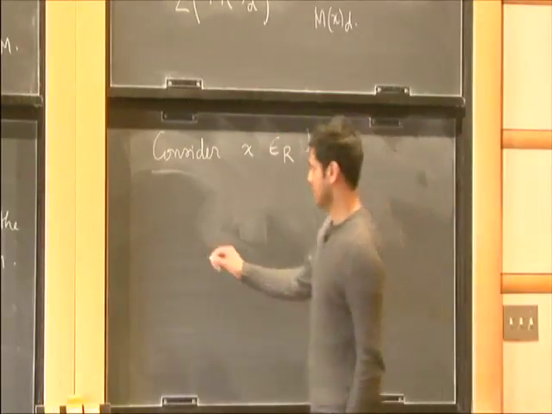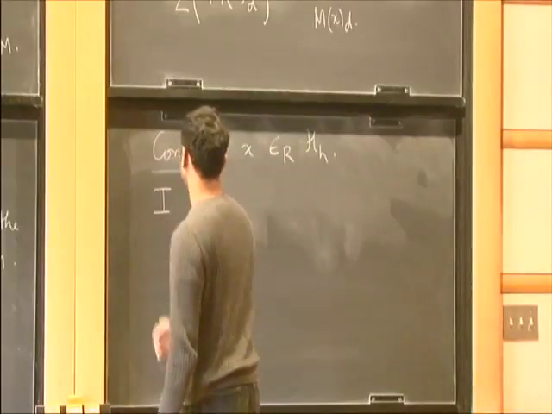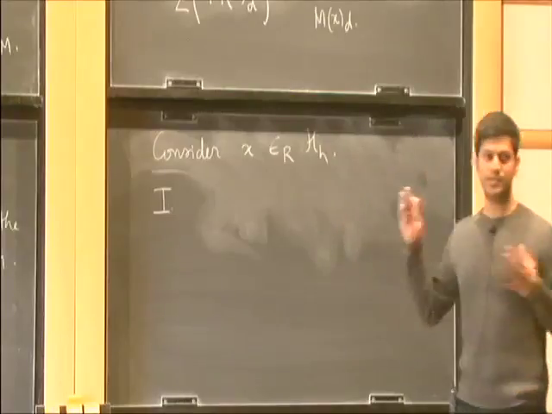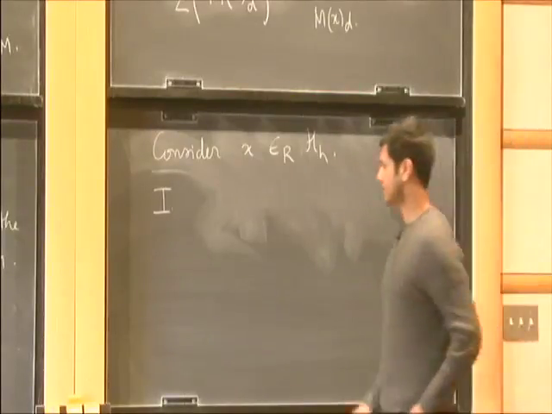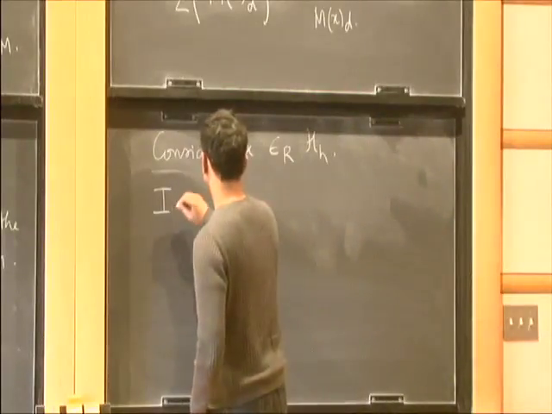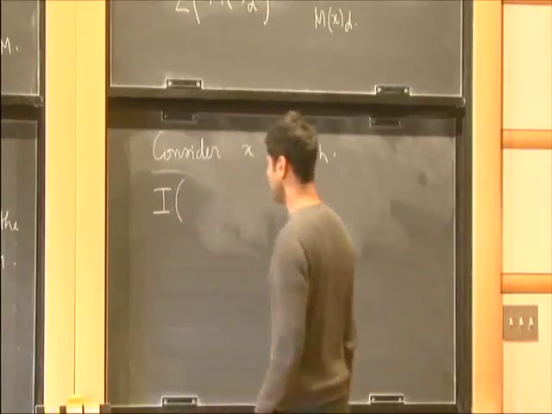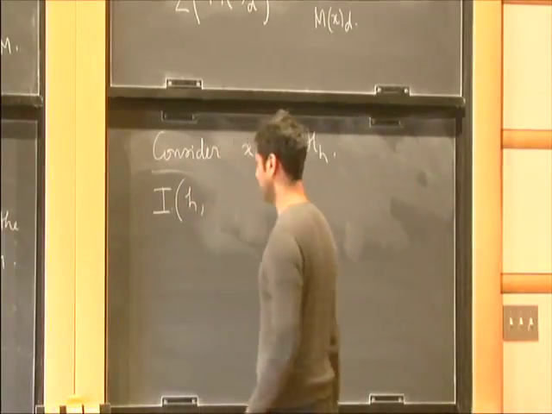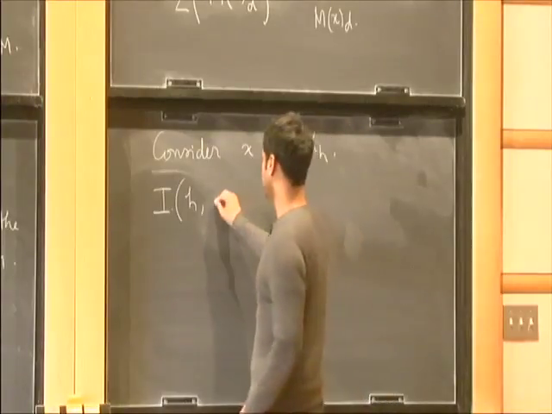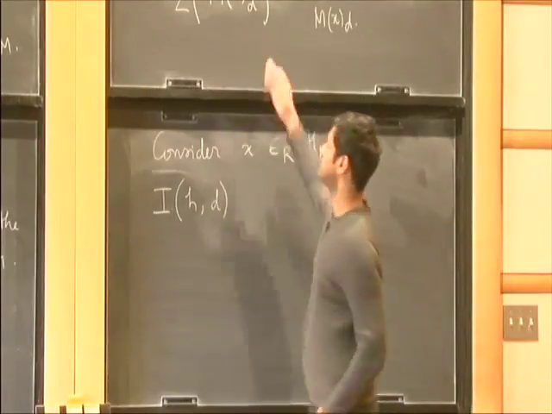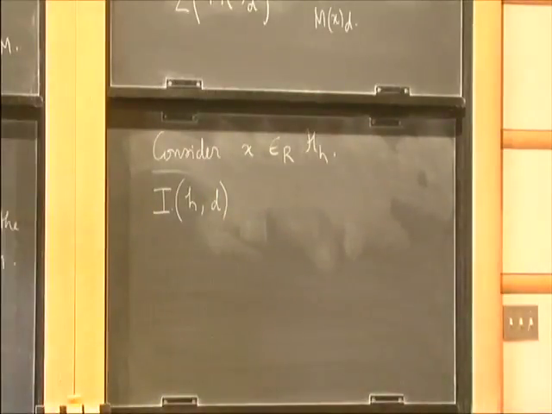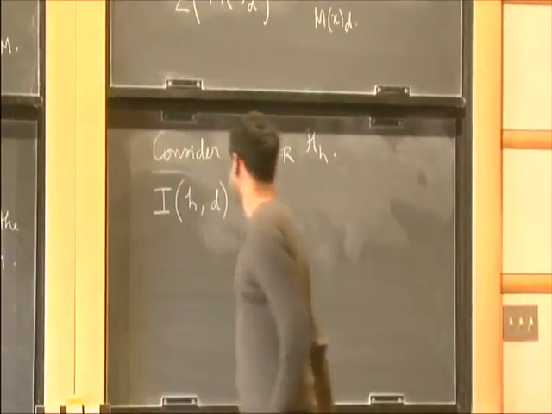We'll look at this quantity. I'm going to call it I because there is an information theoretic interpretation of it. It depends on the height h of the formula that we're going to evaluate, and also this parameter d, which relates to the depth from the root that we're going to consider.